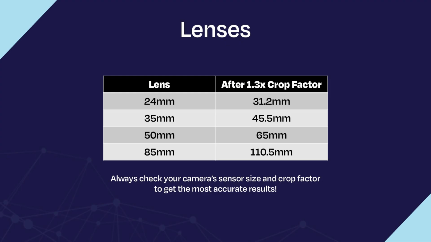My 50mm is going to be 65mm, and finally my 85mm lens will be represented as 110.5mm. I highly recommend making a note of your available lenses and their actual focal lengths after crop factor is deduced. This will make it easier to input your various lens information later.